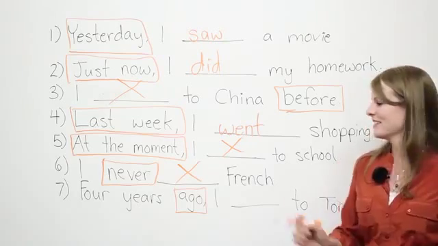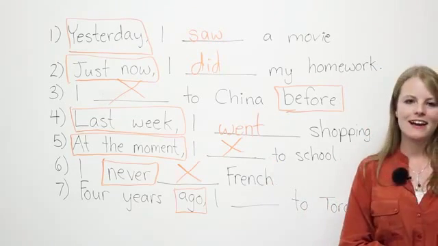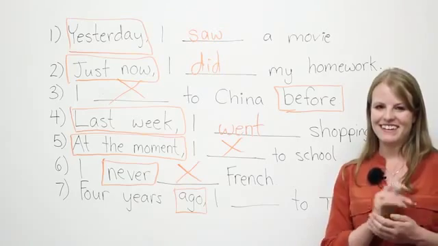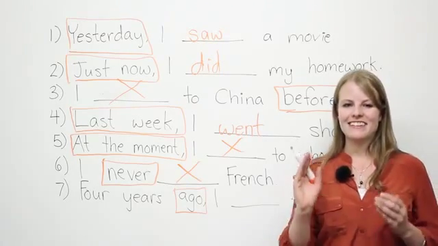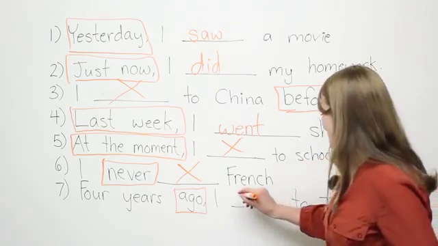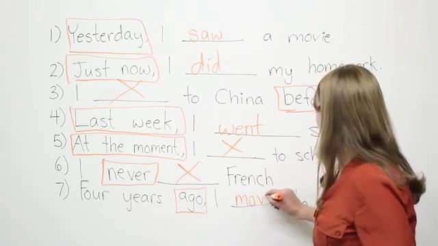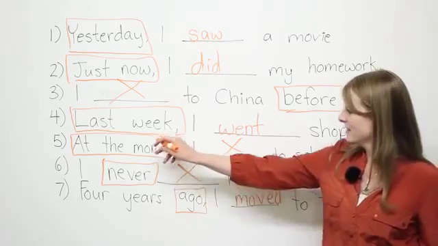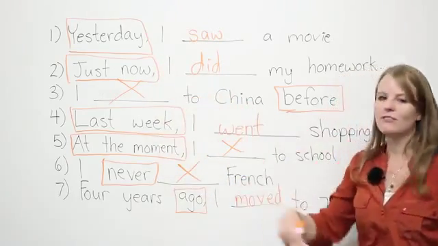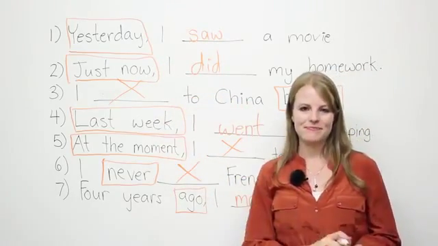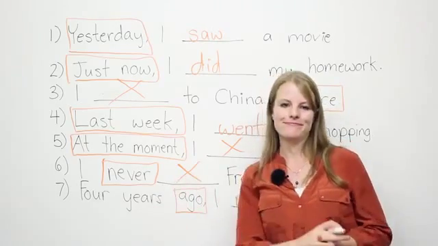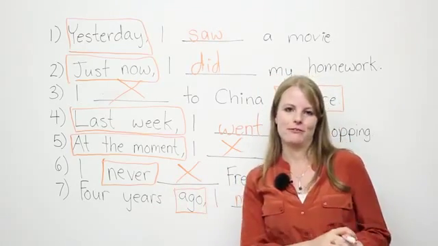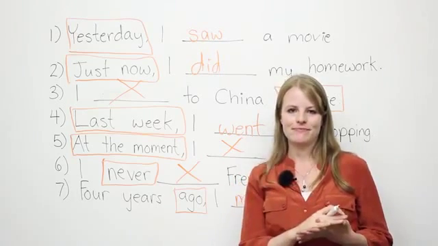Ago. 4 years ago, what is it? It is simple past. I moved to Toronto. So again, when you see these words, you know what it is, simple past or past simple. It doesn't matter which one you call it. Different people use different terms.